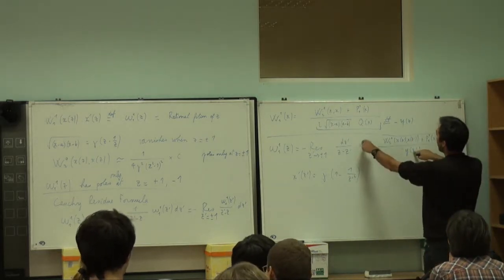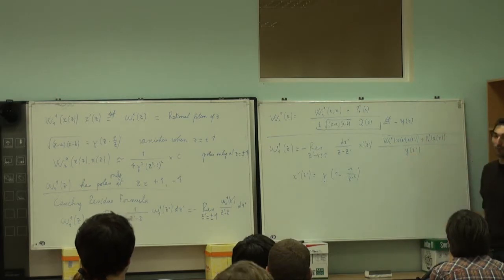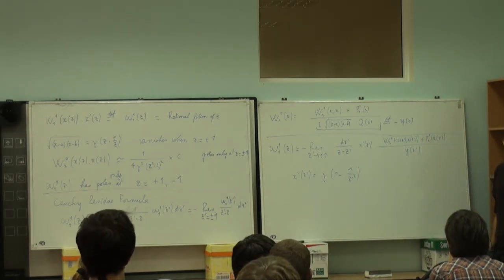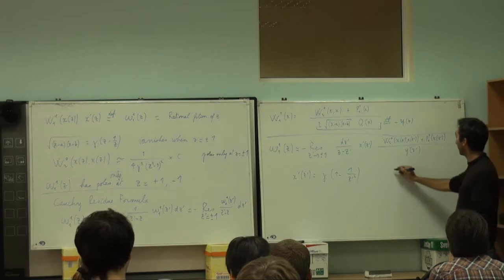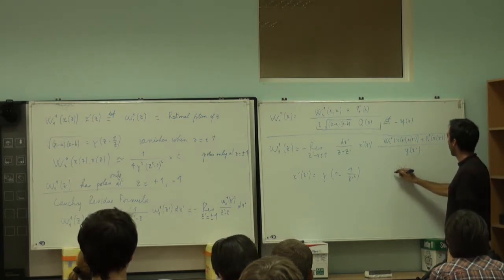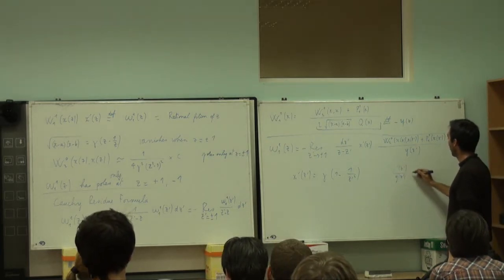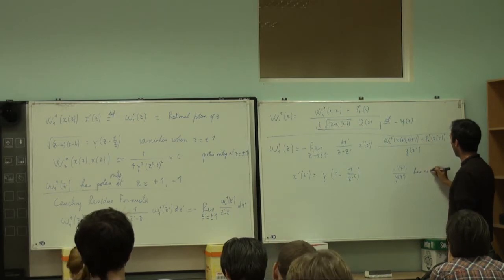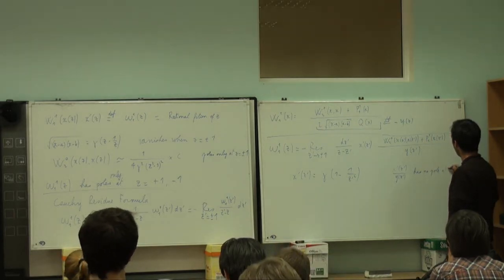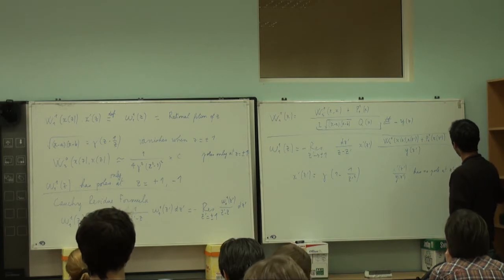So the ratio of these two things has no pole at z prime equals plus or minus 1. So x prime of z prime over y of z prime has no pole at z prime equals plus or minus 1.